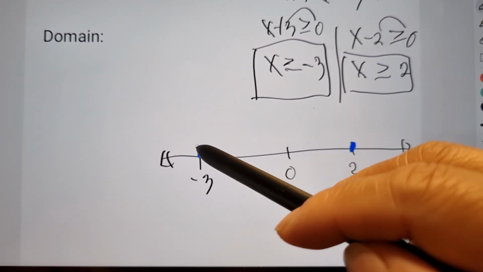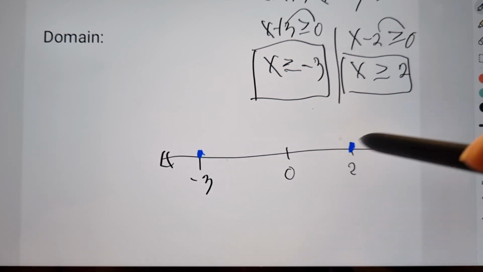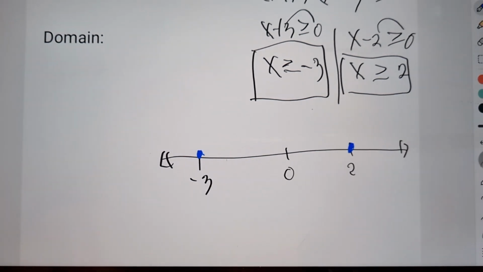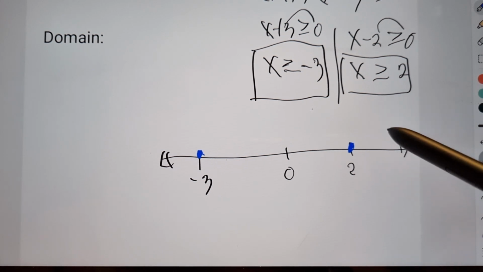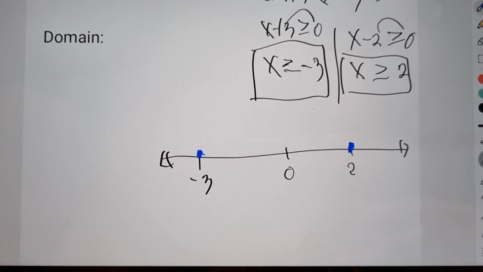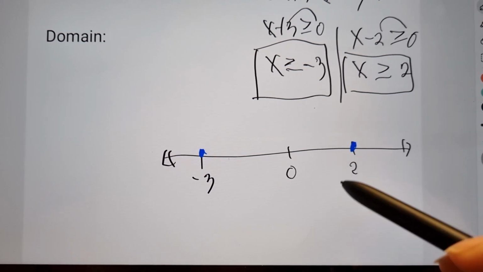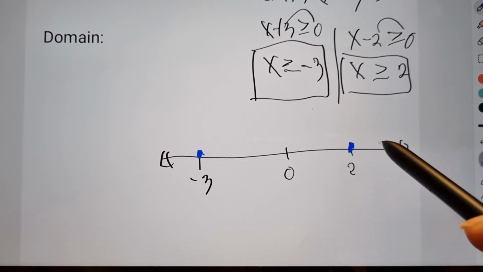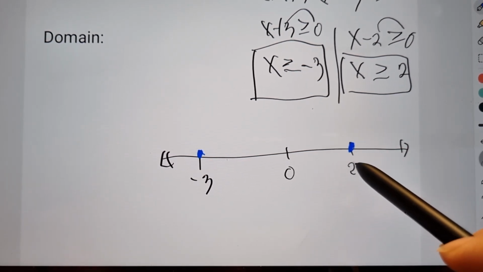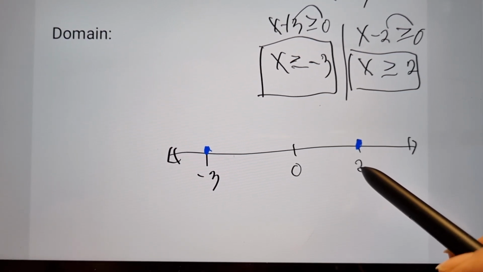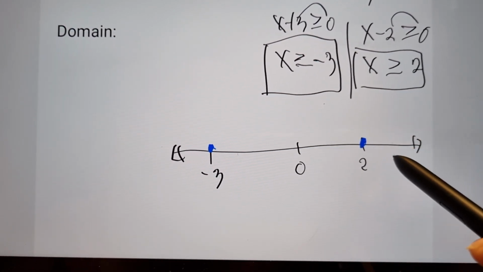Mayroong values dito sa gitna, mayroon dito. So alamin natin kung saan pag minultiply natin, dapat ang sagot ay positive. Magtitest tayo ngayon. Let's say, ano yung number na greater than 2? Let's say 3. So ititest natin yung 3.